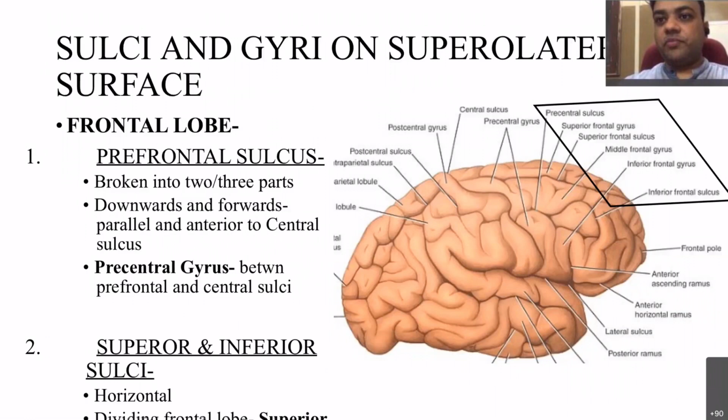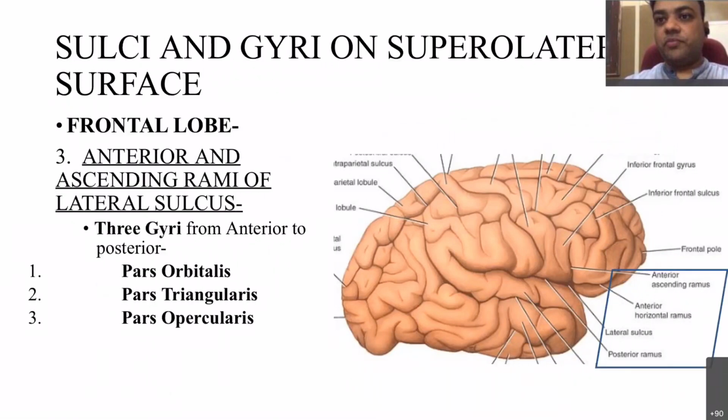Can you see in that box on the diagram, the superior frontal sulcus and inferior frontal sulcus dividing the anterior frontal part into the superior frontal gyrus, middle frontal gyrus, and inferior frontal gyrus. Then on the supralateral surface of the frontal lobe again, there are the anterior and ascending rami of the lateral sulcus.